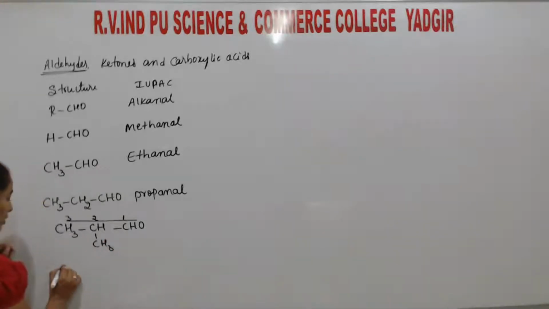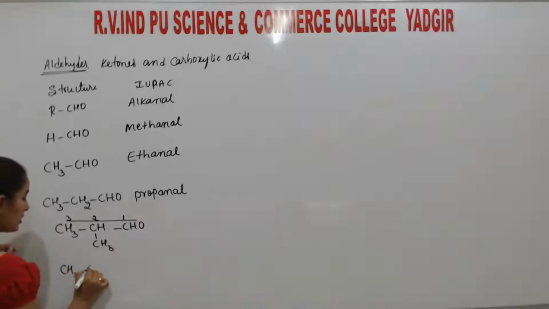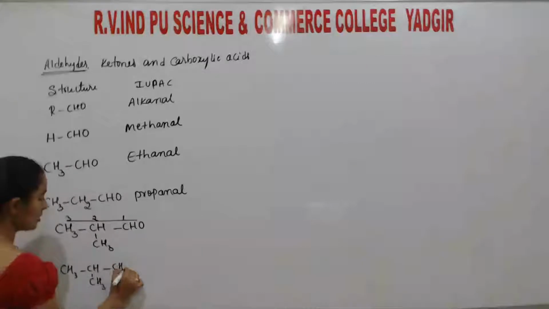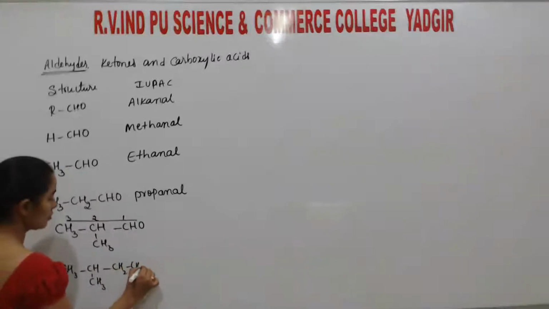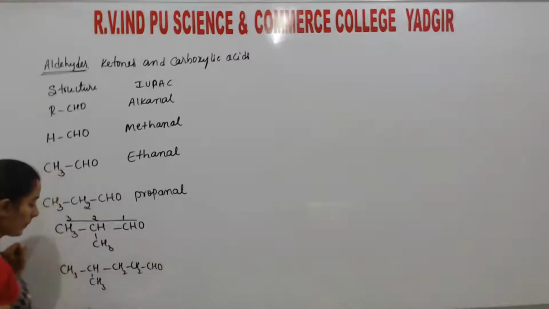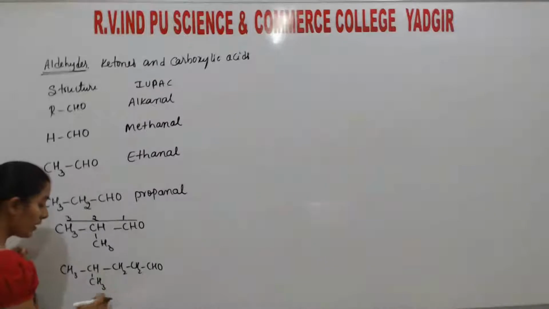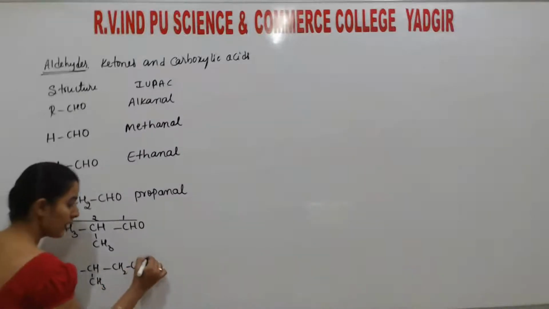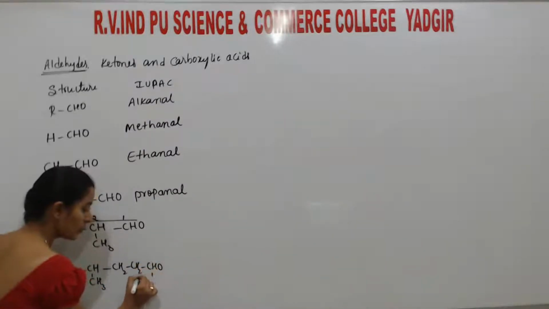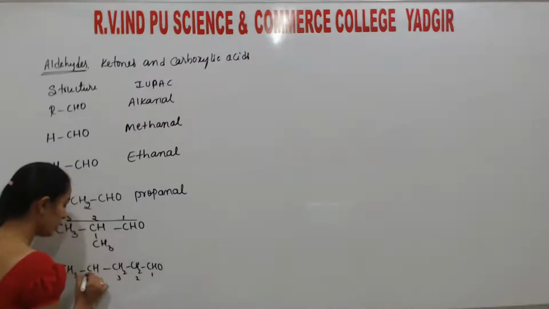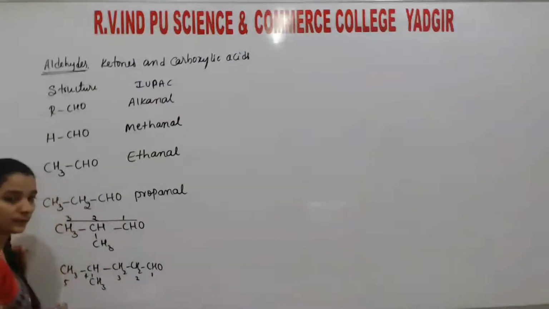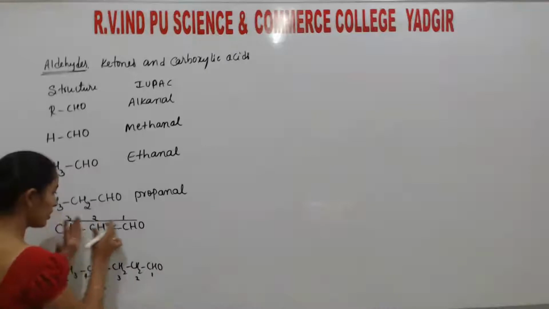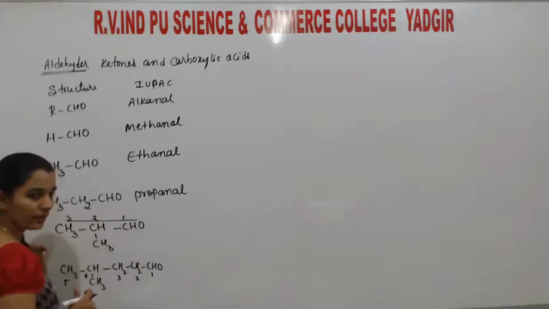So for example, if I take another one, that is CH3, CH, CH3, CH2, CH2, CH2, CHO. From this side it is getting number 2, from this side it is getting number 1, 2, 3, 4. No matter which number is assigned to this group, the first main preference is given to this functional group only. 3, 4, 5. Understood? So now here 3 carbon atoms are there in the parent chain.